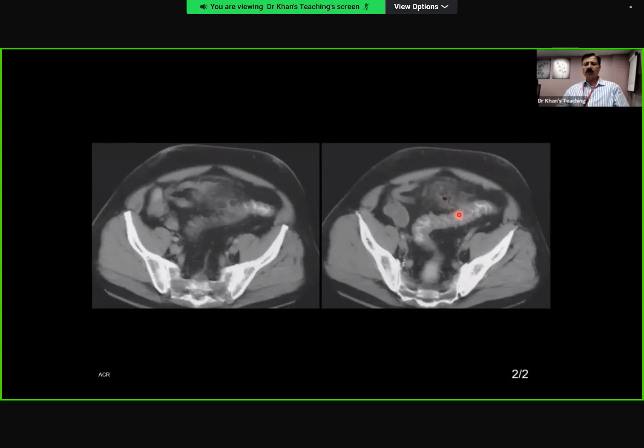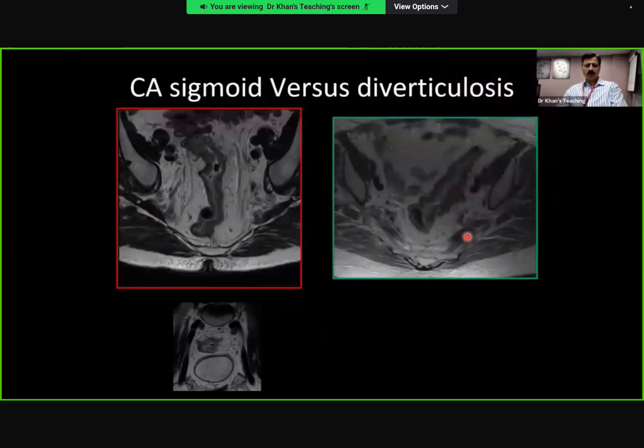So don't overcall it. Don't think that this is pneumoperitoneum, because this is in the mesentery of the sigmoid. And then there can be many complications and abscesses, etc. And with abscesses, of course, in chronic diverticulitis or complicated diverticulitis, fistulae, etc. can develop, which come in the exam very often.